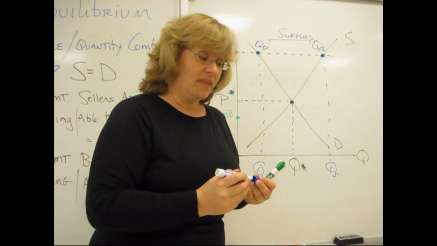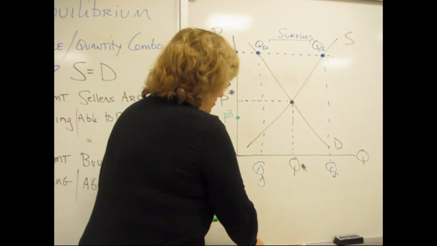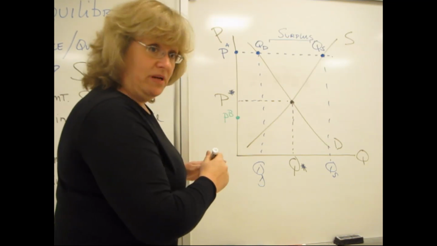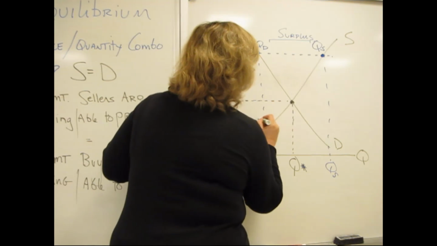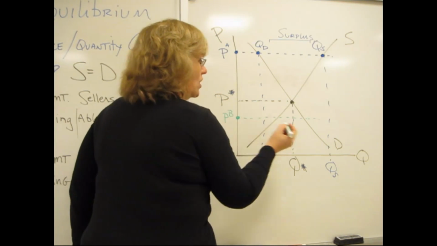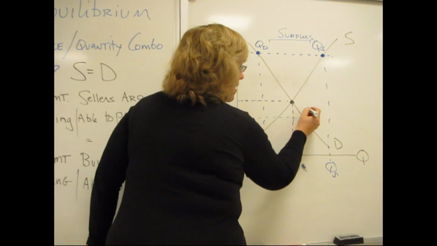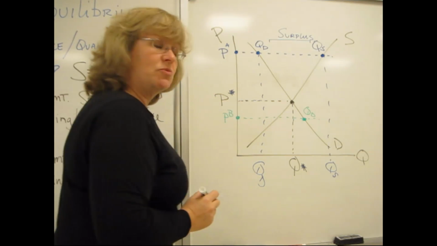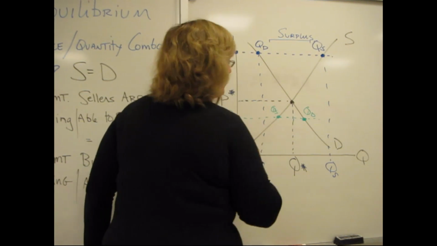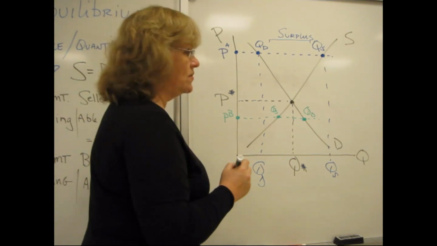Okay. The opposite happens when price falls below equilibrium. At PB, my green price down here, if I draw a dotted line across, I see that if price is below equilibrium, well, the demand curve tells me how much buyers want to buy. The supply curve tells me how much sellers want to sell, businesses want to sell.